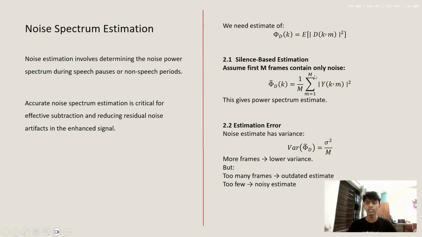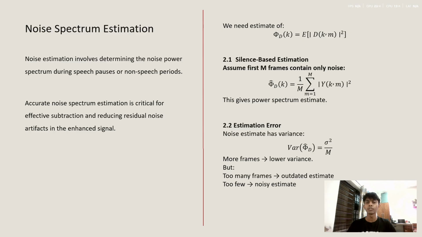So we can take the mean of the first M frames, and that would give the noise power spectrum. Now this spectrum will have a variance of sigma squared by M, where sigma is the standard deviation. So as the number of frames increases, the variance decreases.